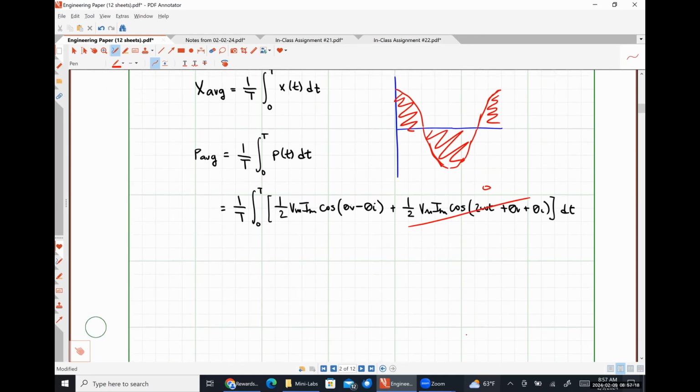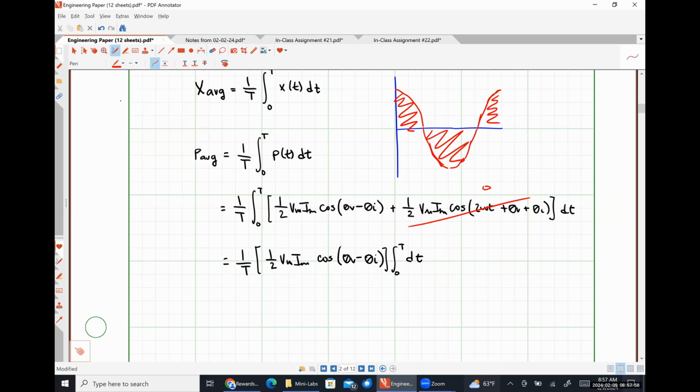Anyway. So all that we have left is this bit out here in front, which we've already established is just a constant. So literally all of it can be moved outside of the integral because not a single part of it is time dependent. So we have 1 over capital T times 1/2 Vm Im cosine of theta v minus theta I times the integral from 0 to T of dt.